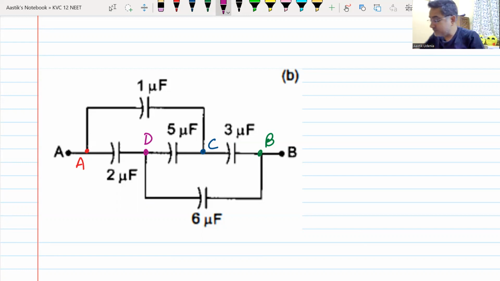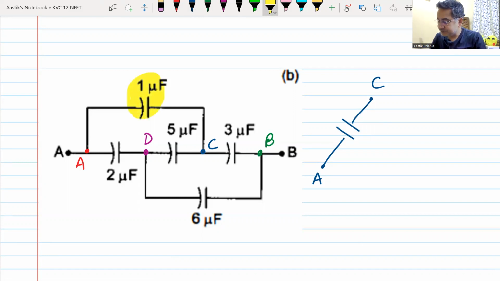Now I redraw the circuit. I start from point A and I see between A and C this yellow capacitor is connected, which is of 1 microfarad. So I write 1.